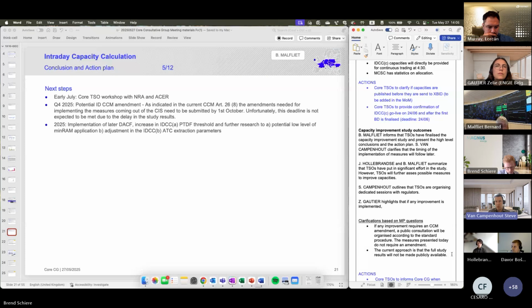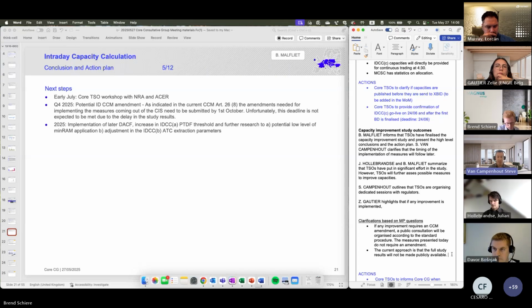So for me, the key message behind it is that having an isolated bidding zone in the intraday market is tricky to manage. Yes, exactly. Understanding the reasons behind it is necessary.